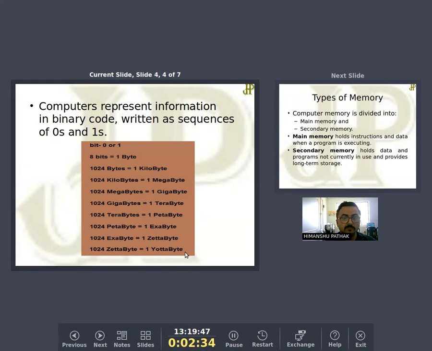So the speed of uploading data, uploading a video, uploading photos, and the speed of downloading video content are measured in bytes. That's why here you can see bytes, KB, MB, GB, TB. So I hope you understand what is bit, byte, and all these units.